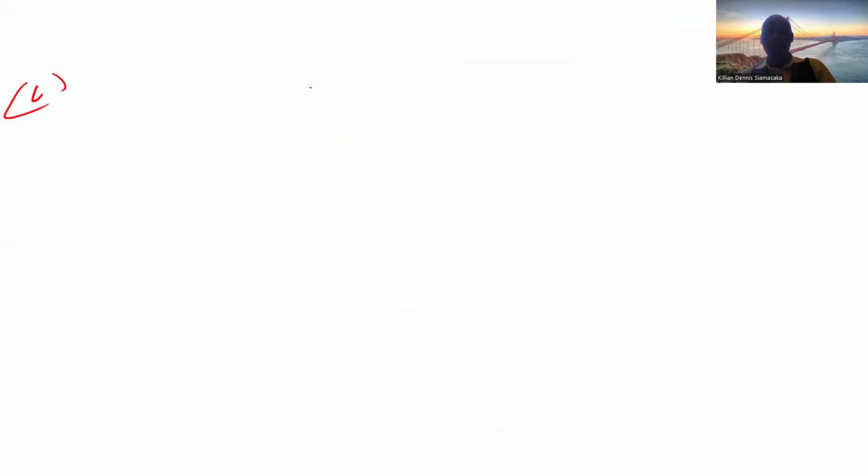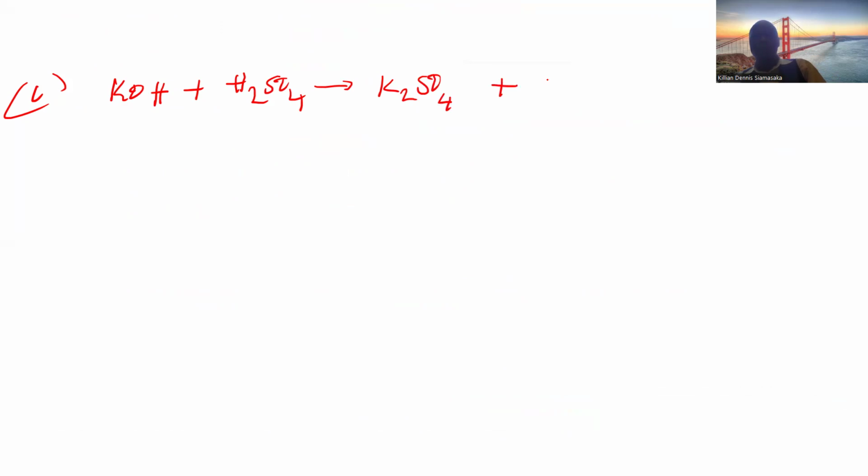So the first thing is that you have to write a balanced equation for this reaction, which is potassium hydroxide reacting with the acid, which is sulfuric acid. We produce potassium sulfate plus water. If you balance this equation, it gives you 2 there, and beside it you also have 2 water.